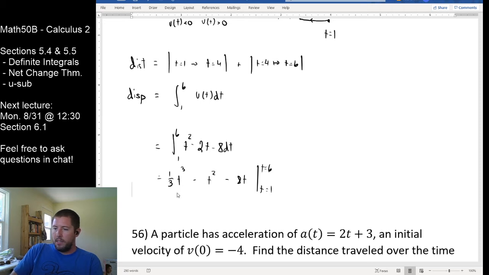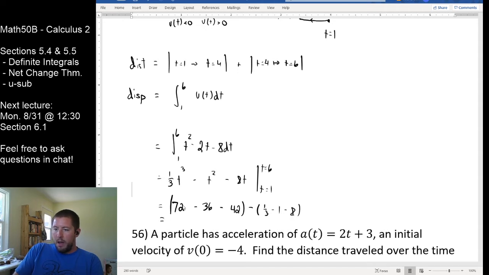And plugging in 6 into this, that's kind of a bummer right there. That 1/3 might actually help. So this is really like 6 times 6 times 6, but one of the 6's I'm going to write as a 2 instead. So 6 times 6 times 2. 6 times 6 is 36, times 2 is 72, minus 36, minus 42. That's everything evaluated at 6, minus everything evaluated at 1. That should just be 1/3 minus 1 minus 8.